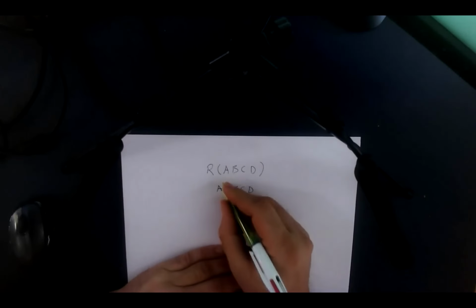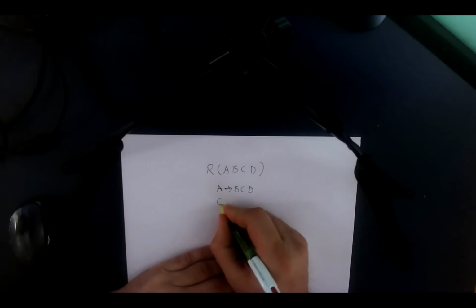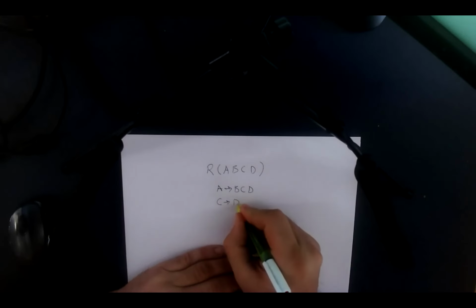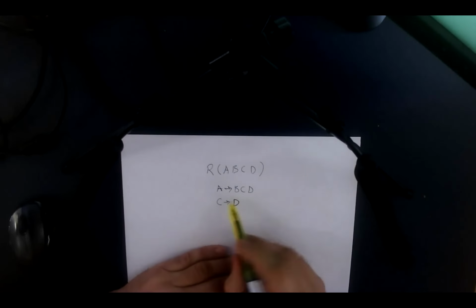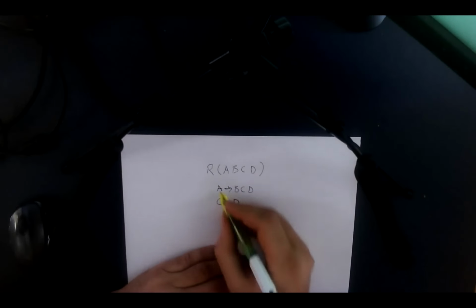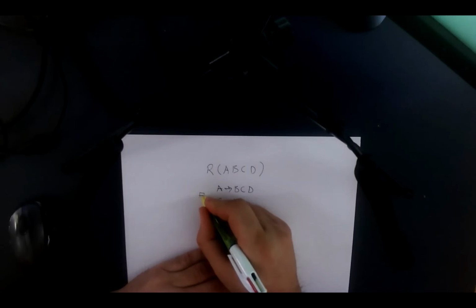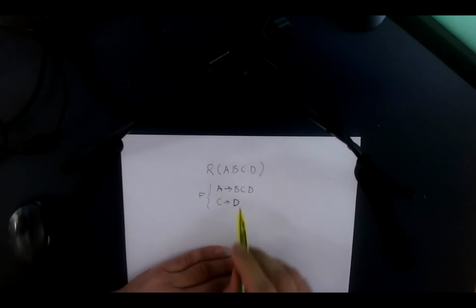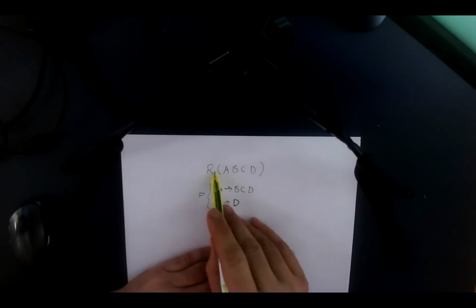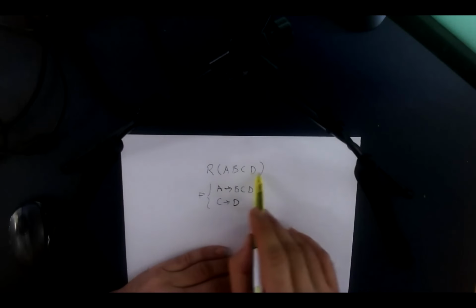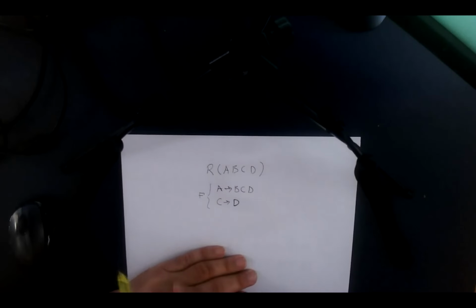Now, let's add another functional dependency in here, and let's say that C goes to D. So now, if this is our F, then I ask you, is this relation in BCNF?